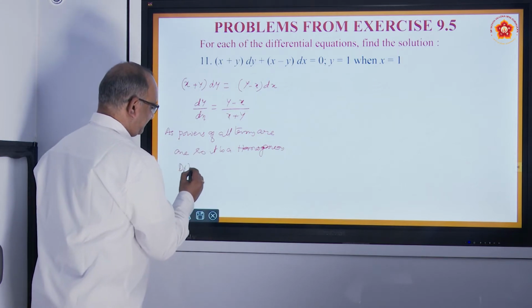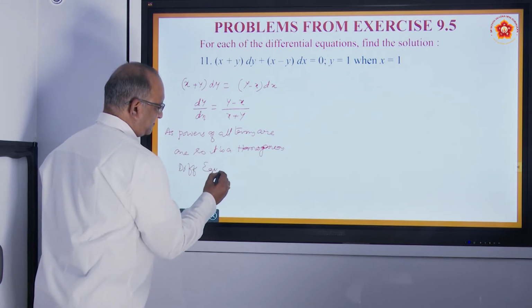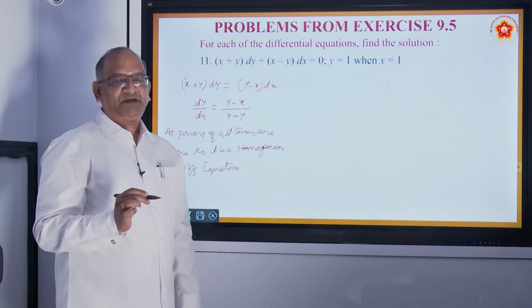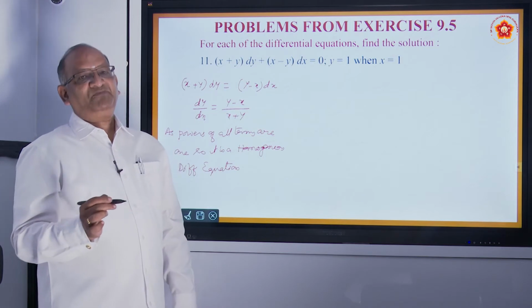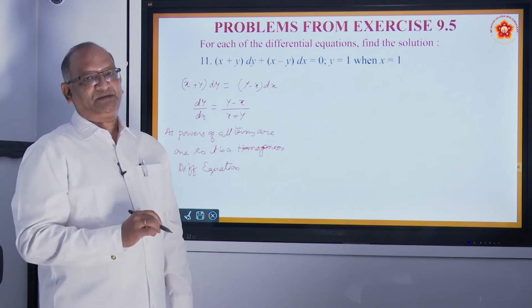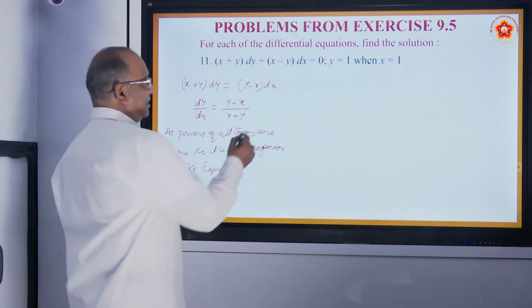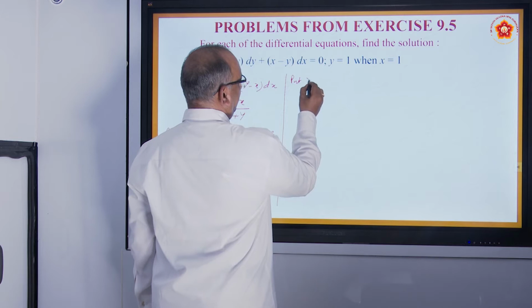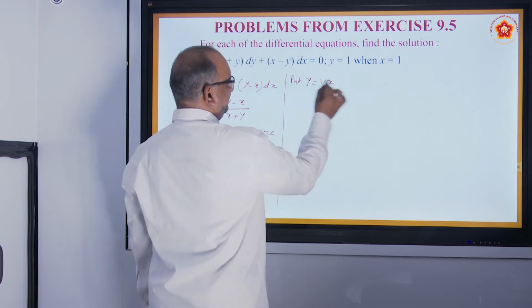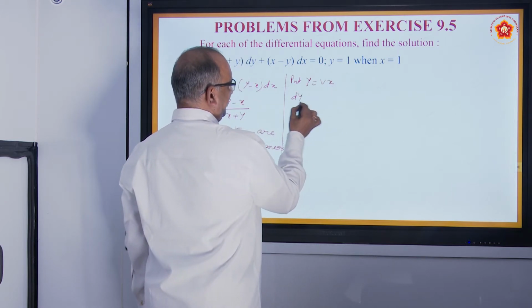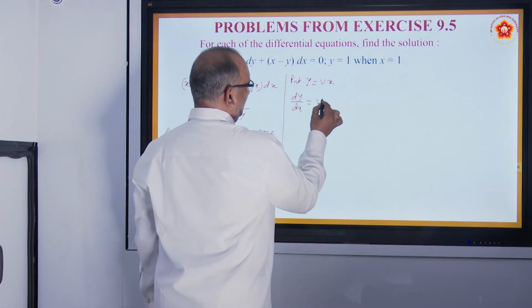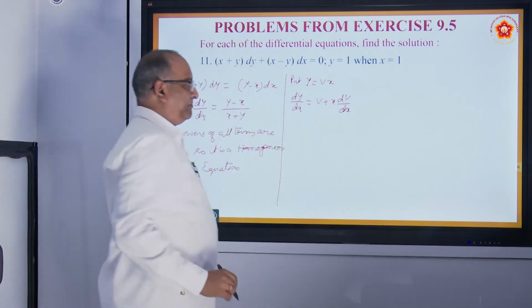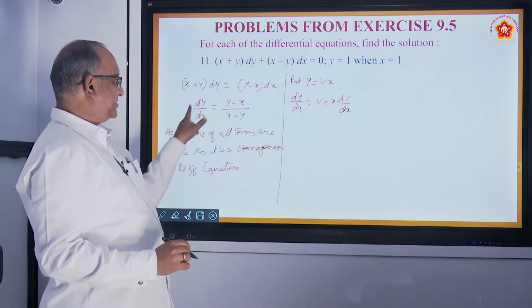Since it is a homogeneous differential equation, in order to solve the problem, we follow the method of homogeneous. What is the method? Substitute y equal to vx. Differentiate both sides, you will get dy by dx equal to v plus x dv by dx. Make this substitution in the equation.